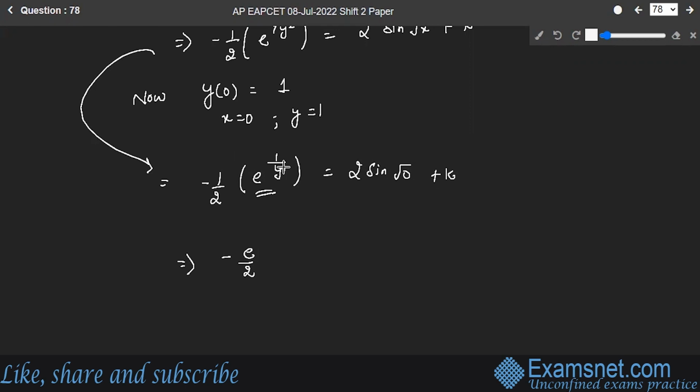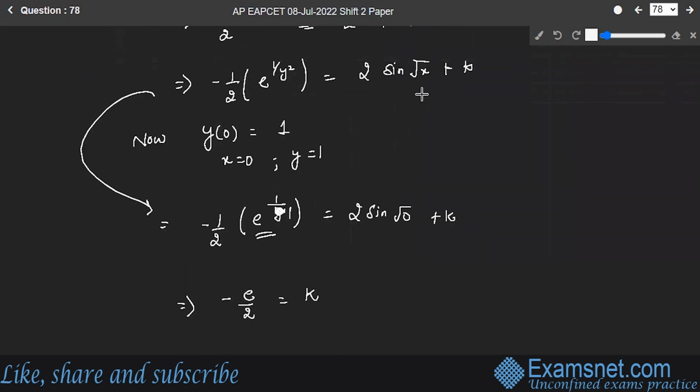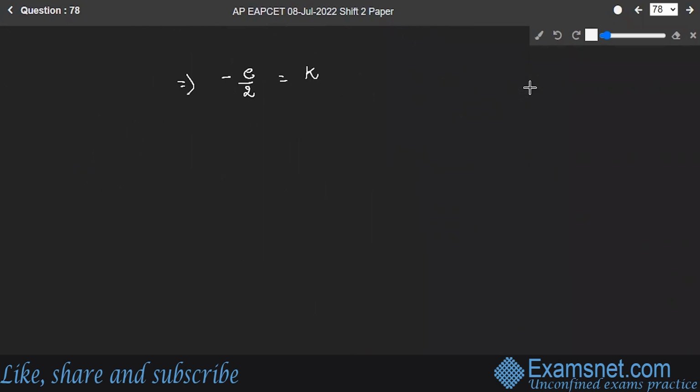Sorry, y was 1 over here. So minus e by 2 is equal to 2 sine 0, which is 0. So k becomes minus e by 2. Now the whole expression, we had to find out the value of k.